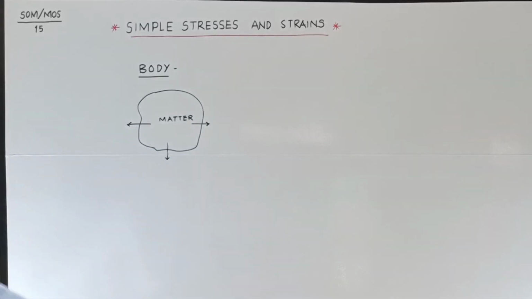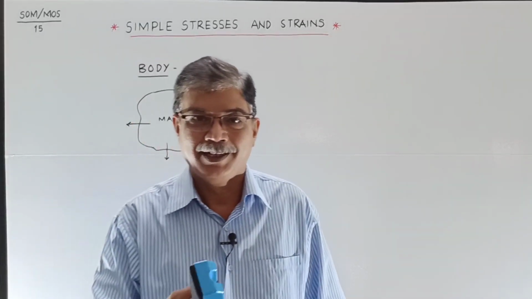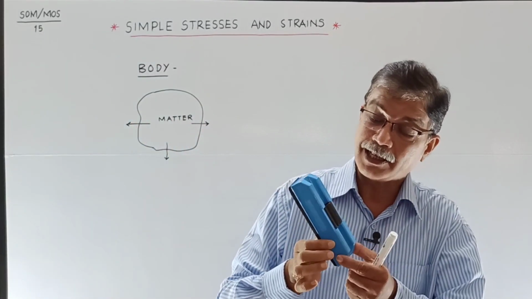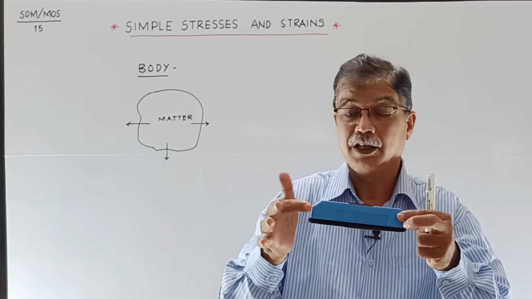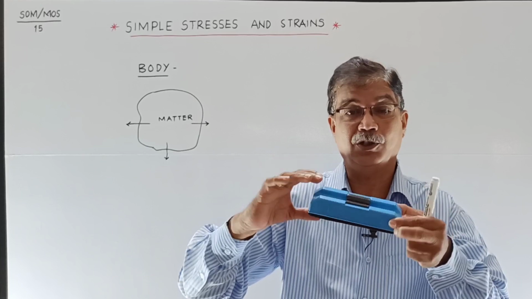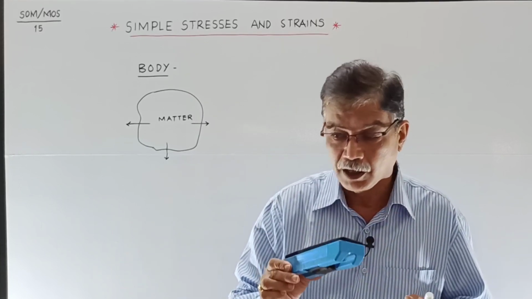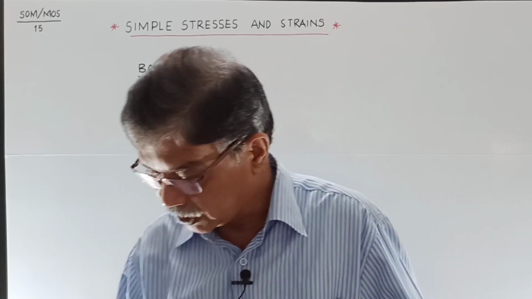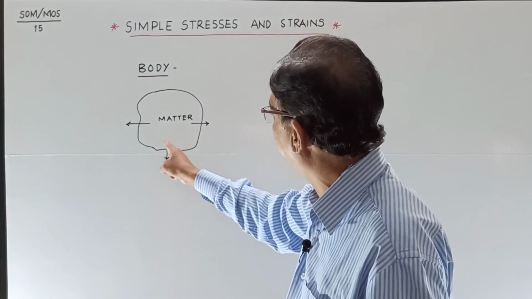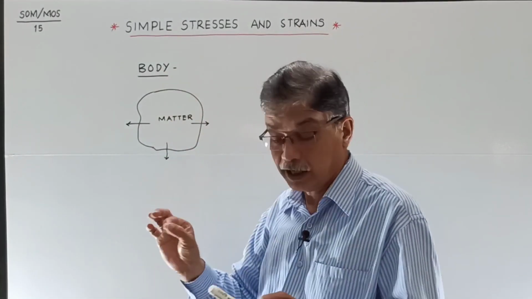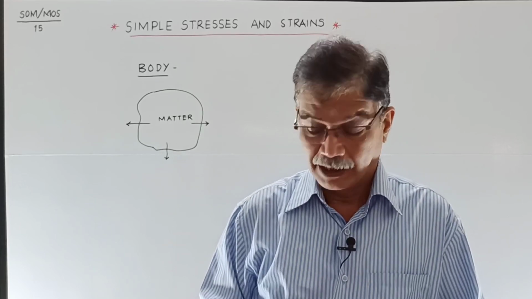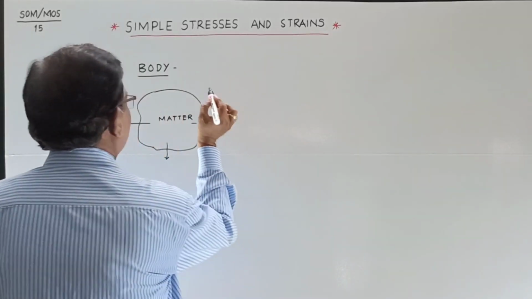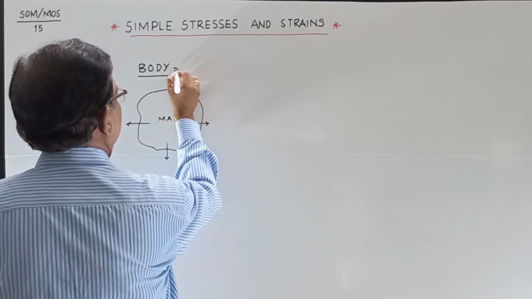Now, what do you mean by this? Look here now. This is a duster. It has got some material which has got limitation up to this, here up to this, here up to this. So this is a body. So a body is defined as a matter which is limited in all the directions. Now let us see what are the types of the bodies.